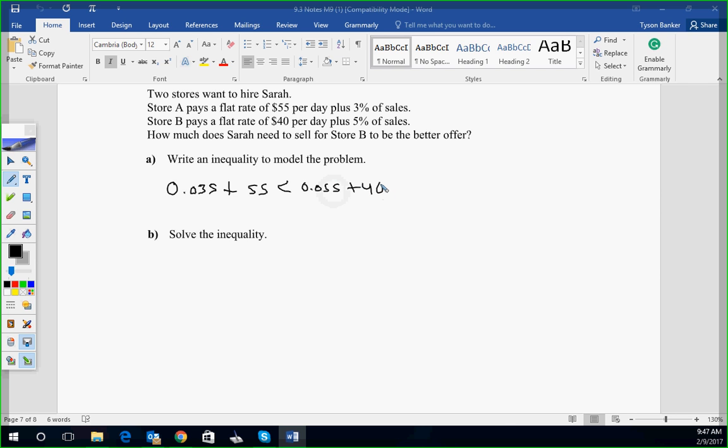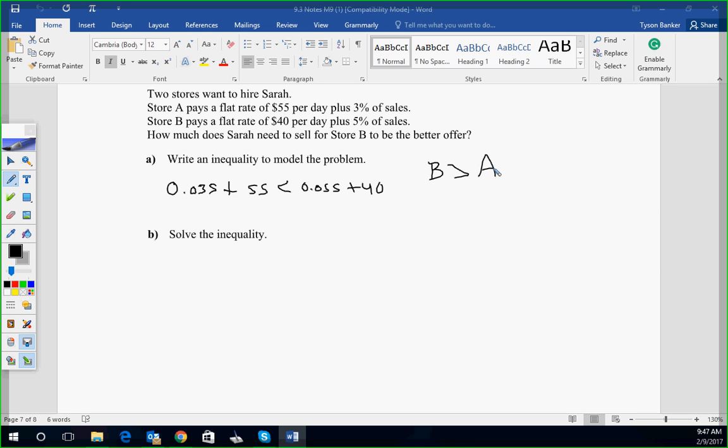So with that, he's correct. What he's done is written it out so that store B is the greater than, because we want greater than for B, because B wants to be a better deal. You can flip the whole equation, absolutely, and that's how I probably would have written it. First off, if we're just doing a simple one, we want store B to be bigger than A. Simply, that's what we want.